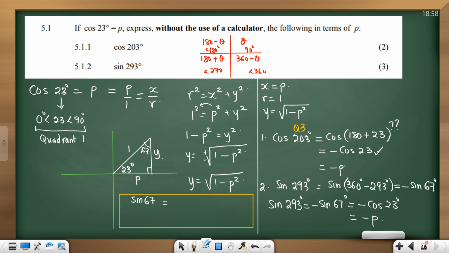Sin 67 in terms of cos, 90 minus 67 is 23. Good. Those are equal. But now multiply both by negative. Oh, okay. Yeah. All right. Co-functions. They are called co-functions. Guys, are we okay with that? I'm glad I actually asked to do this one.